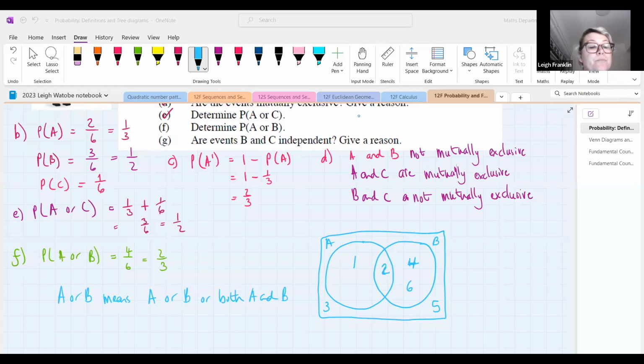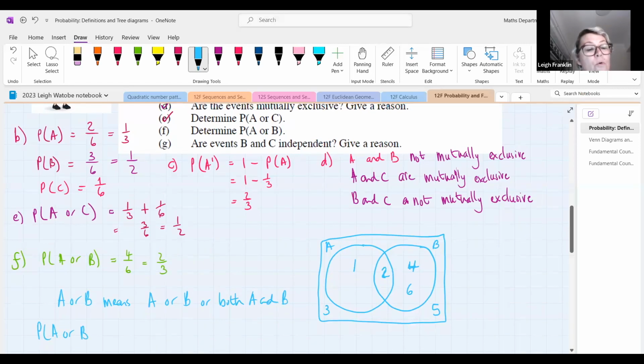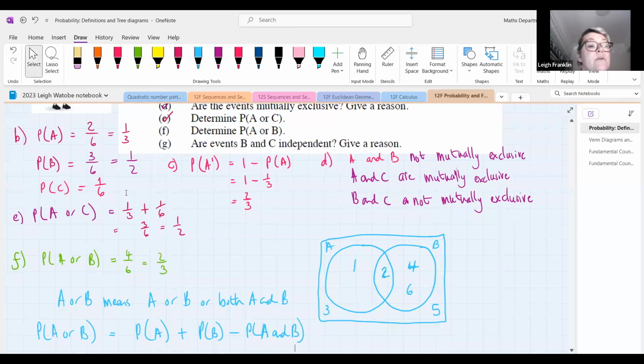So the probability of A or B is going to be the probability of A plus the probability of B minus the probability of A and B. We know what the probability of A is, right?